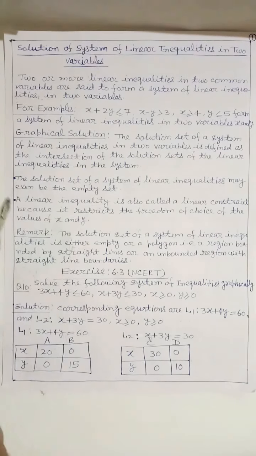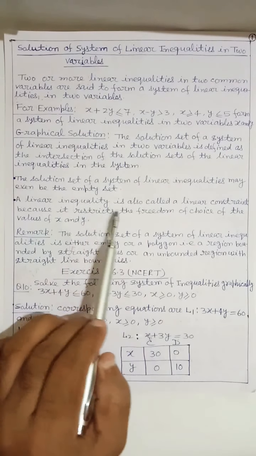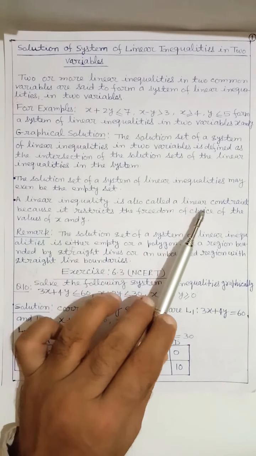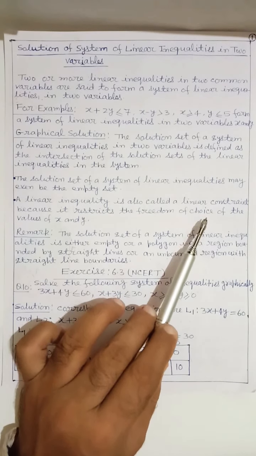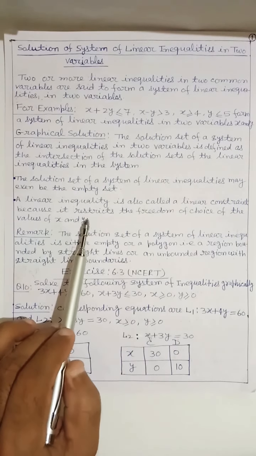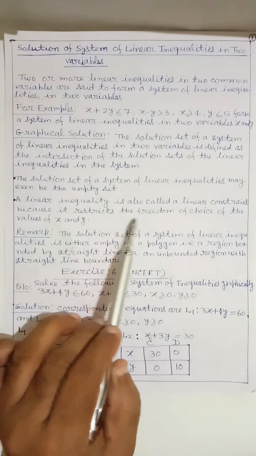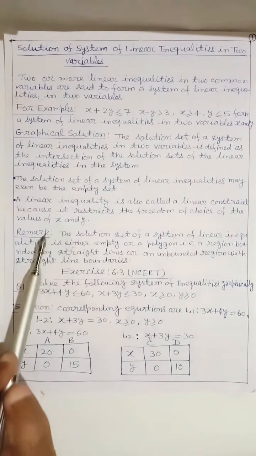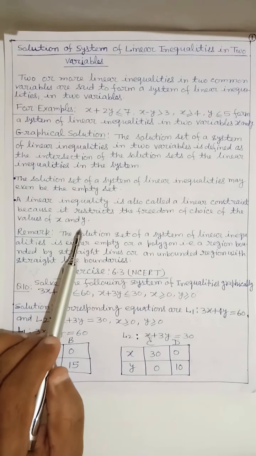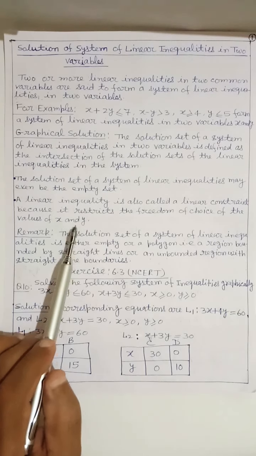Here, a linear inequality is also called a linear constraint because it restricts the freedom of choice of the values of x and y.